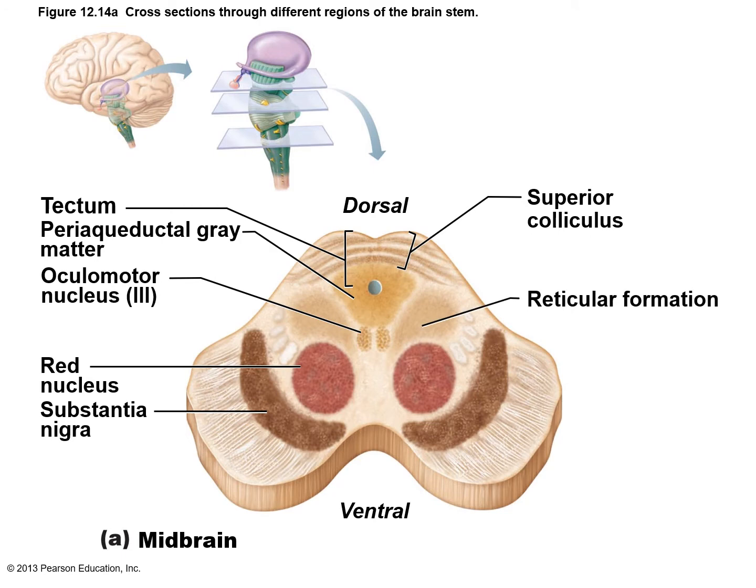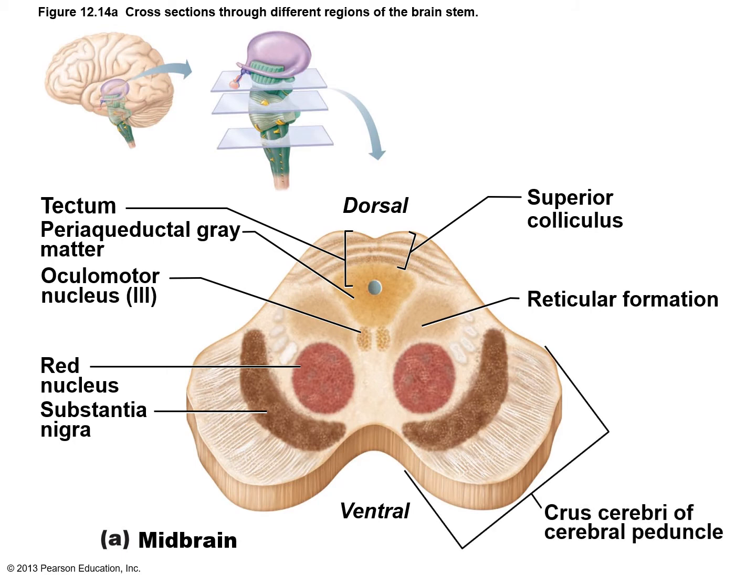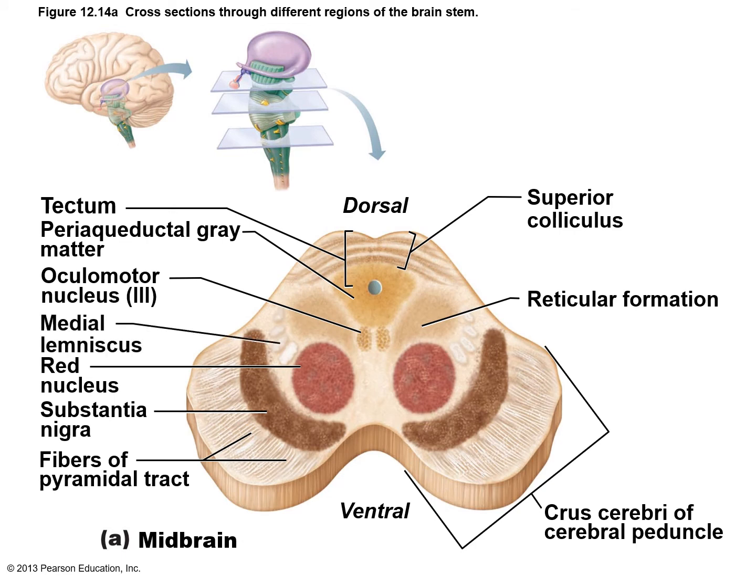As far as white matter in the midbrain goes, we have the crus cerebri of the cerebral peduncle, which is going to contain fibers of the pyramidal tract. Finally, there are also the tracts that are found in the medial lemniscus, and please note that the red nucleus, the medial lemniscus, all of these structures have duplicates on the left and the right side of the midbrain. Finally, we have the cerebral aqueduct through which cerebrospinal fluid runs.